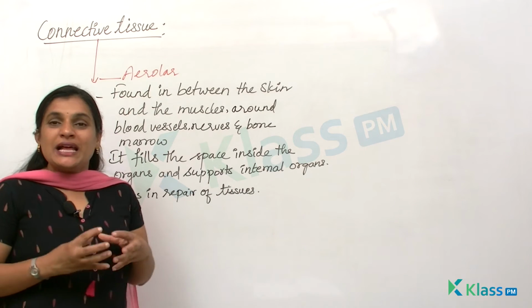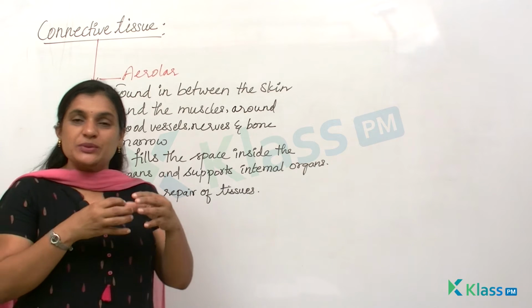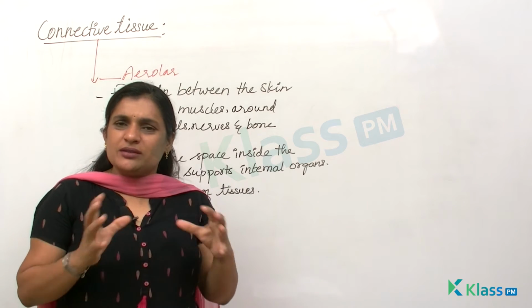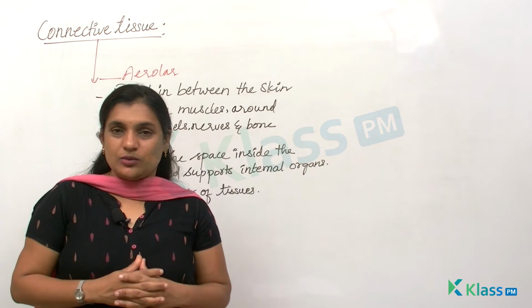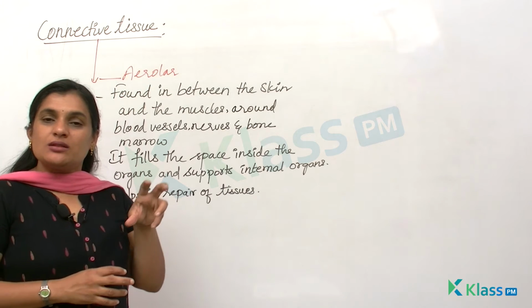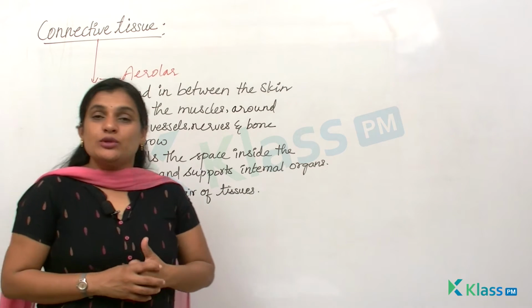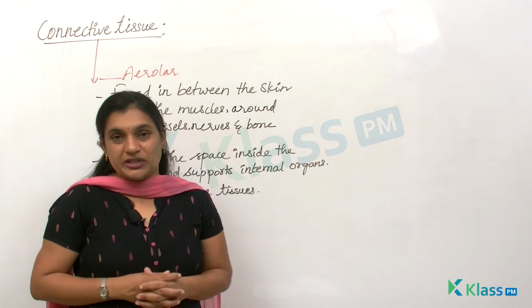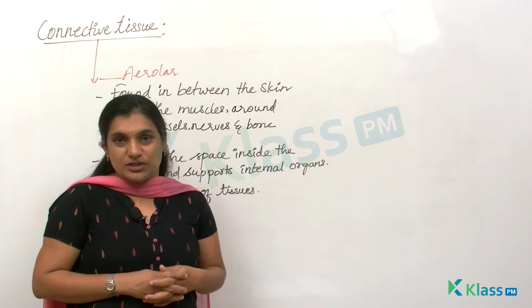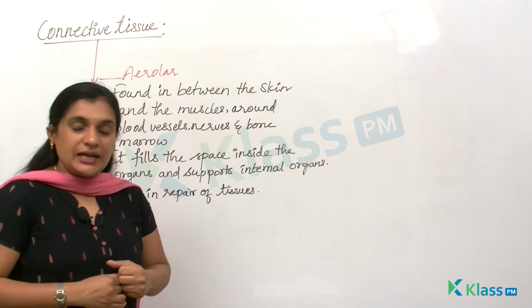So it helps in filling up the space between the many internal organs in our body, and it will also help in repairing the worn out tissues in the body. So this is all about areolar tissue.